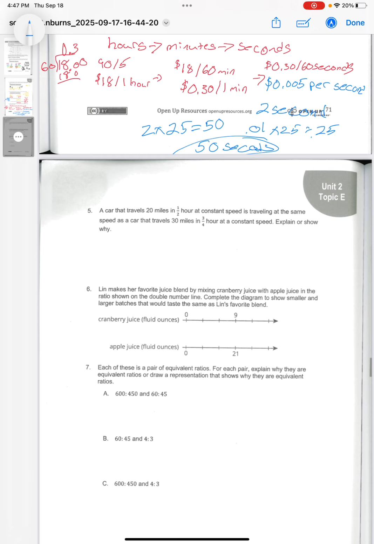Well, 20 times 1/2 is 10. 30 times 3/4 is 90/4, which is, 4 goes into 20, 2.5. Miles in half an hour.